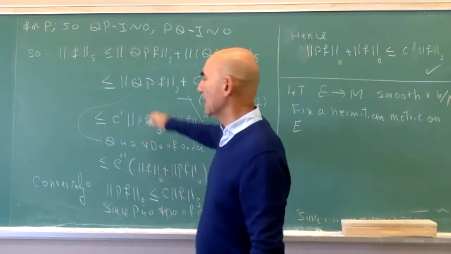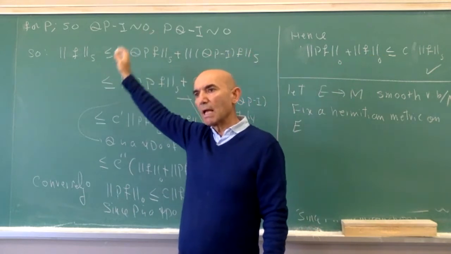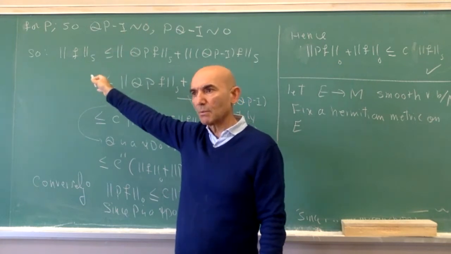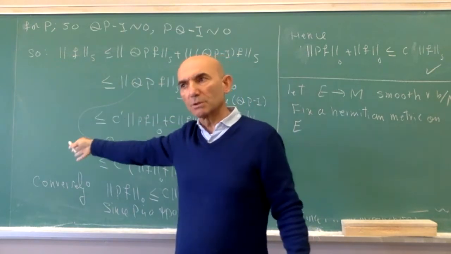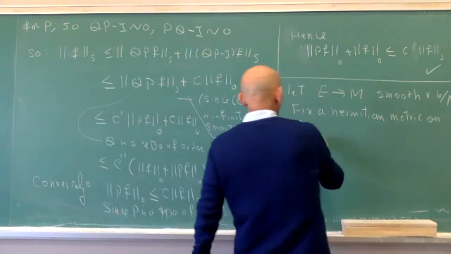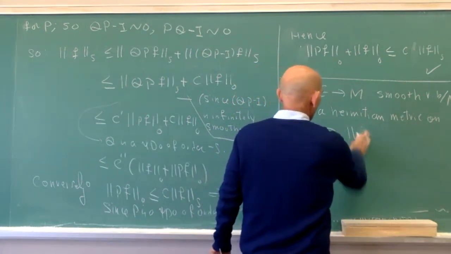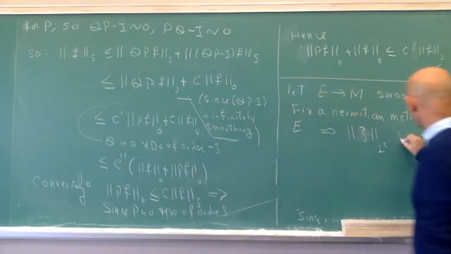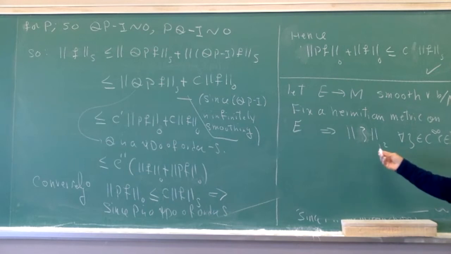And of course, as before, I'm assuming that M is closed, oriented, and also a Riemannian metric is fixed on it. Then you can define a space of L2 sections of this. So you get this norm, norm of psi in L2, for any smooth section psi of C infinity of E in the following way.